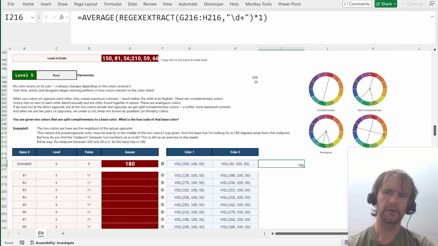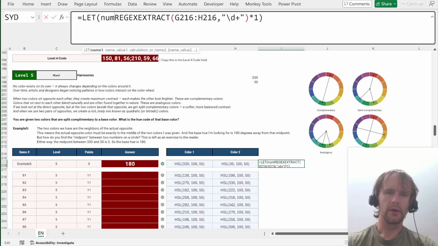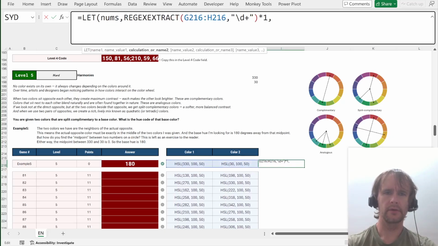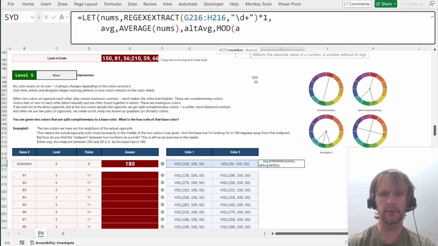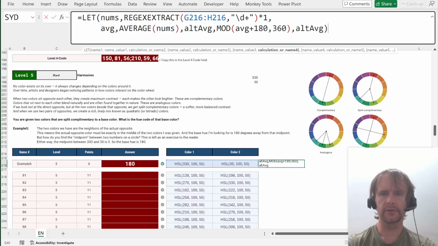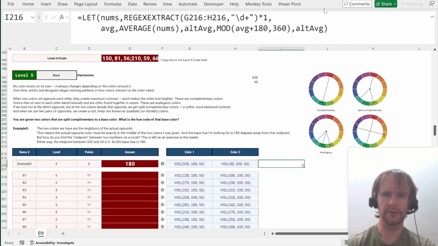I guess, yeah, fine. So let nums be this and average be average of nums, which will always be in the range, and then I'll call it alt average be mod average plus 180 by 360 alt average, which is indeed 0. Good.